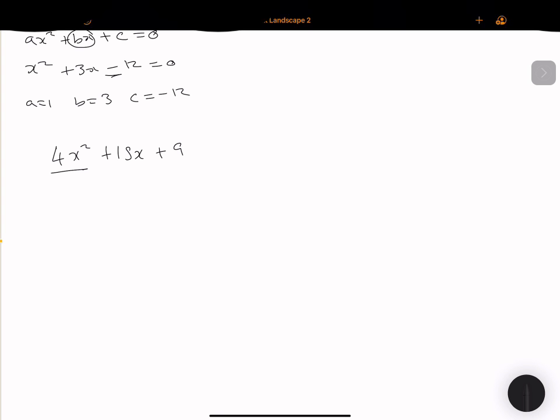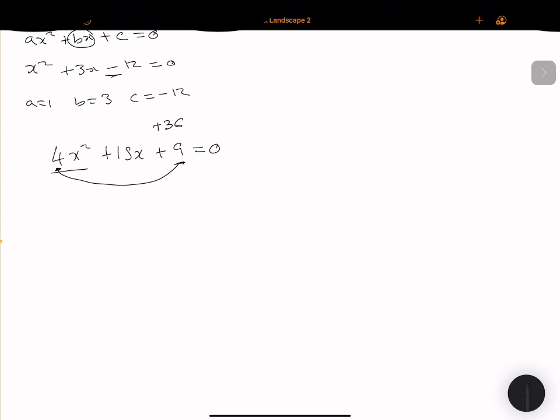So what we do here is I'm going to do the splitting method. Now this isn't what every teacher teaches, but I believe it's the safest method. So we're going to times this number here by that number there. So that's plus 36. Okay.